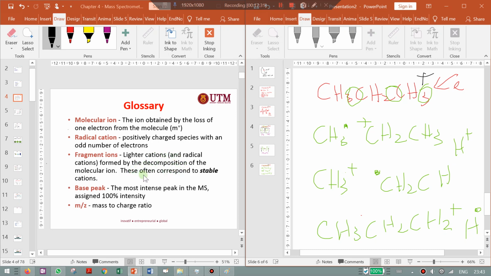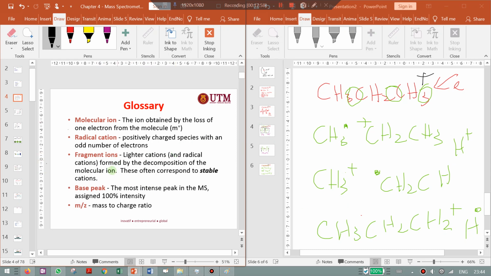I don't think this one is really correct, but if you have extra information about that, please tell me. For the time being, lighter ions are formed by decomposition of the molecular ion. For radical ions, we don't really have decomposition of the molecular ion; we only lose one electron. That's my opinion.